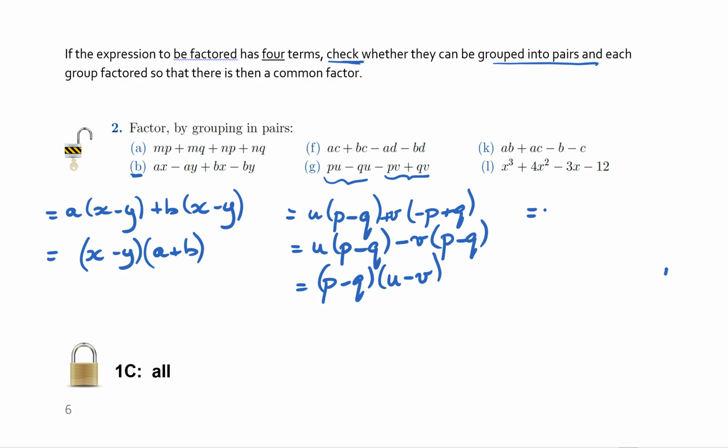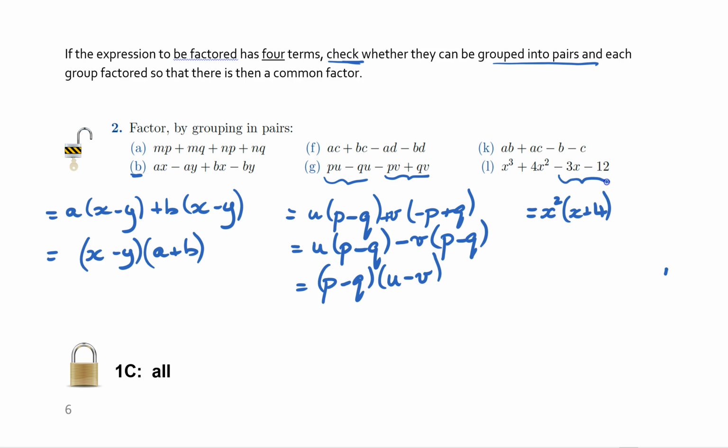Last one over here, we've got 2 sets of things here. We've got x's in these and not these, but I can see I've got an x cubed and an x squared. So if I took an x squared out of the first two, I would be left with an x plus a 4.